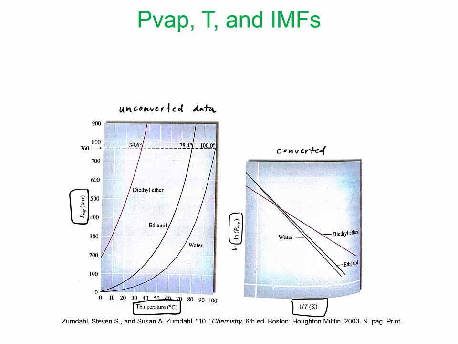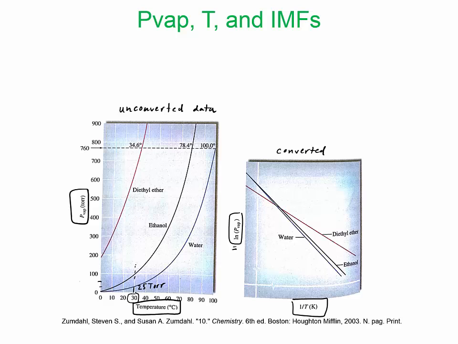On this graph, let's just pick a temperature like 30 degrees Celsius. If we go up here, we see that water at 30 degrees has a vapor pressure of less than 50. So 50 is about right here. So the vapor pressure of water is around 25 torr.